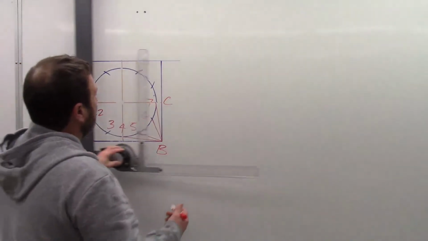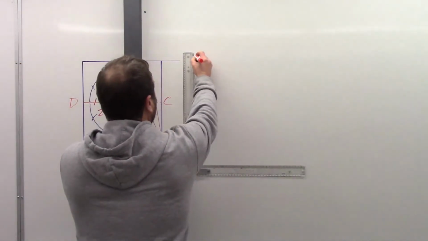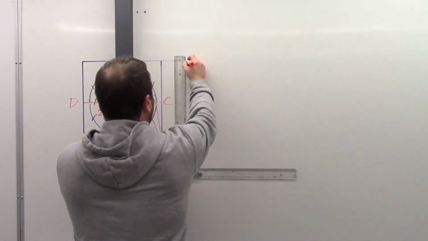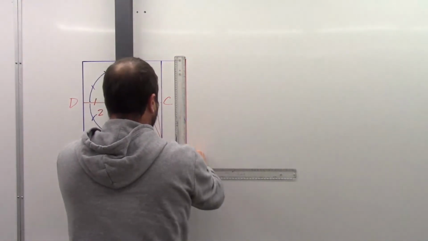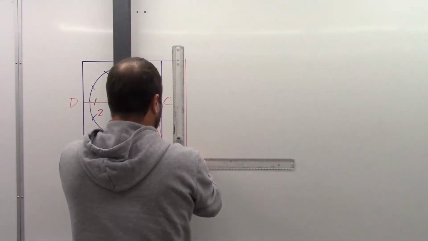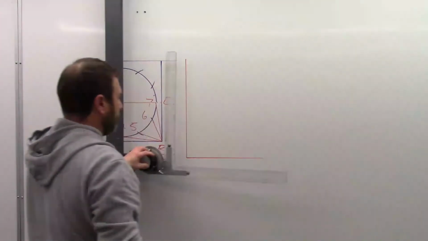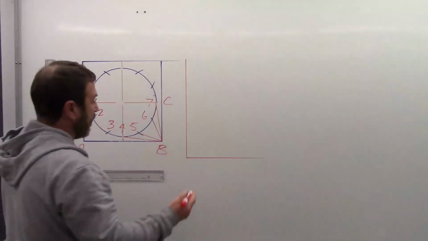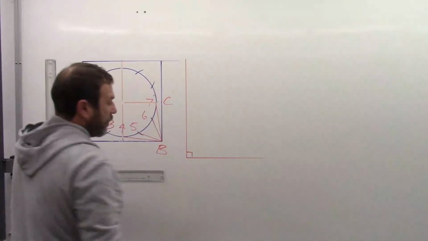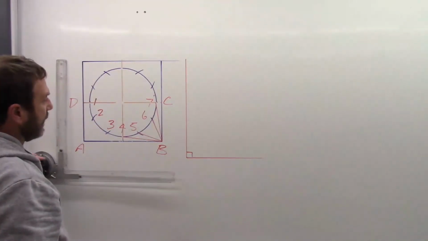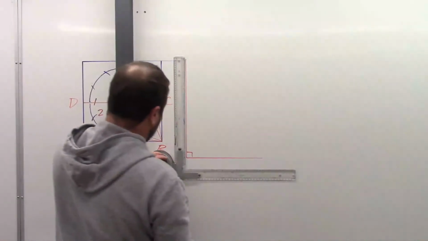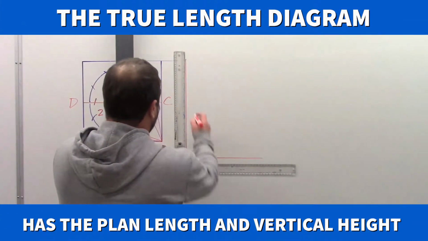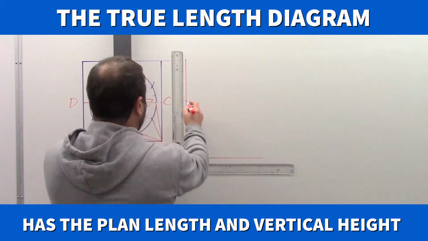Remember we said that any element line from the plan view, taken 90 degrees to the vertical height, will give us the true length. We're looking for the hypotenuse. So we've got a 90-degree corner here now. I can establish the vertical height as here.